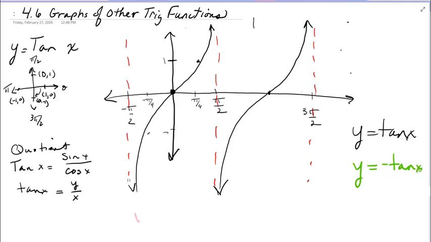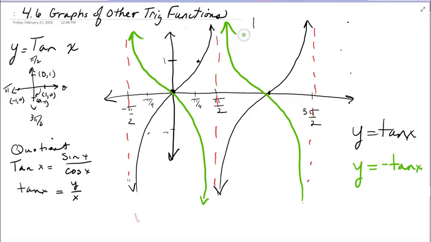Well, y equals negative tan x is simply, asymptotes don't change. You're just starting high and going down. Think of it this way. With negative tan x, your graph moves down from left to right. With positive tan x, your graph moves up from left to right in between your asymptotes.